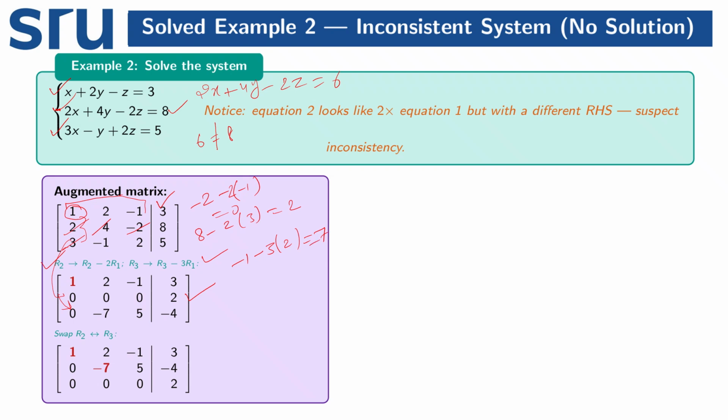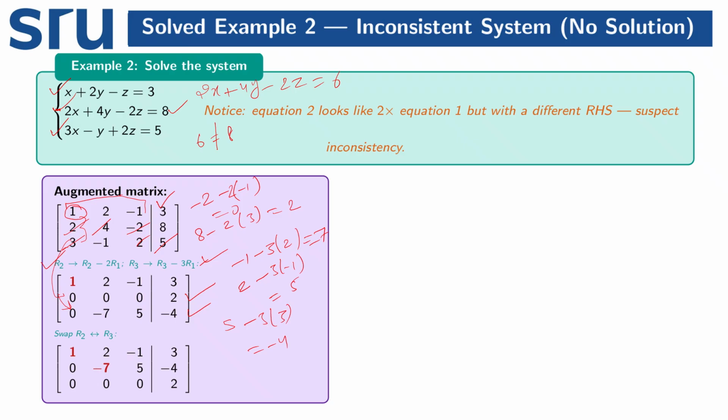And this 2 will become 2 minus 3 times minus 1, that is 5. And this 5 will become 5 minus 3 times 3, that is equal to minus 4. So here is the final matrix after applying these two operations.